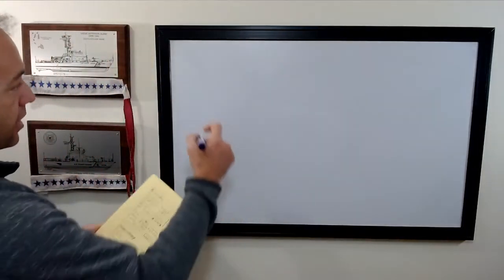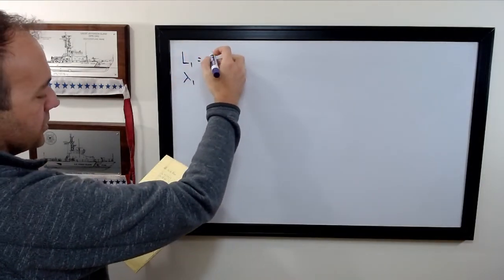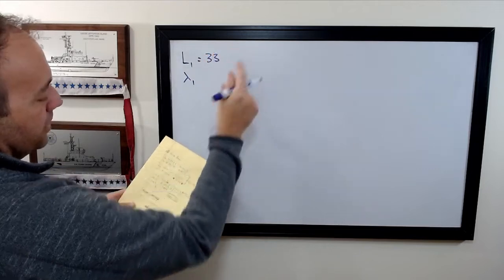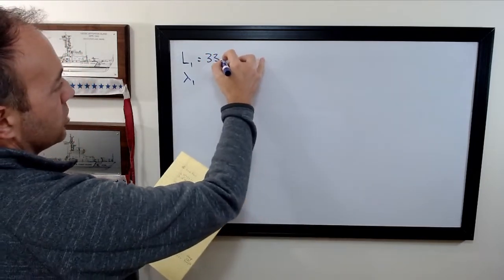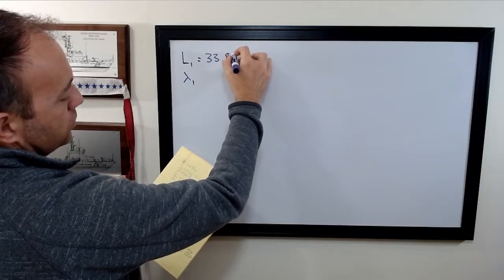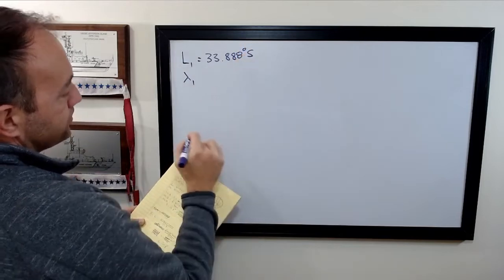So in this case, I'm just going to write up our position here. Latitude 1, and I'm going to put it in decimal notation just to save time, but they don't usually give it to you in that. You have to transfer it to that. So latitude 1 is 33.888 degrees south.